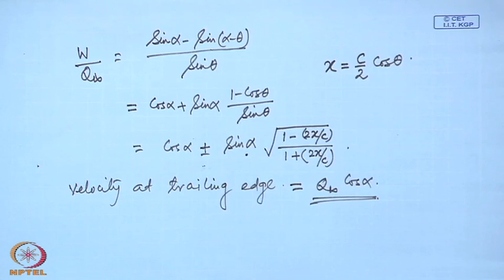Where will be the forward stagnation point? On the flat plate, where will be the forward stagnation point?